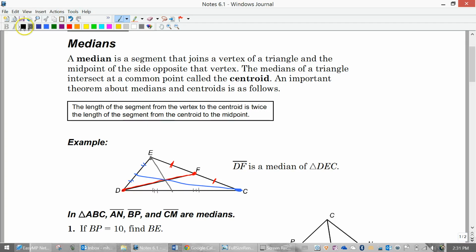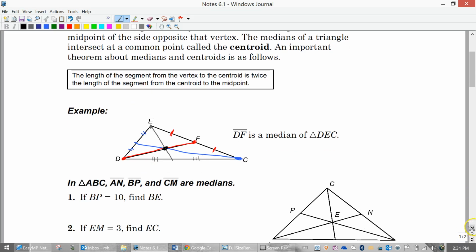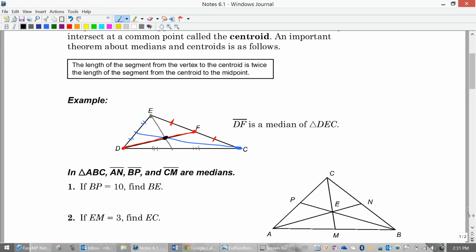Those 3 segments all intersect at one point that we call the centroid. Okay? Fascinating. That centroid is the balance point, okay, of that triangle.